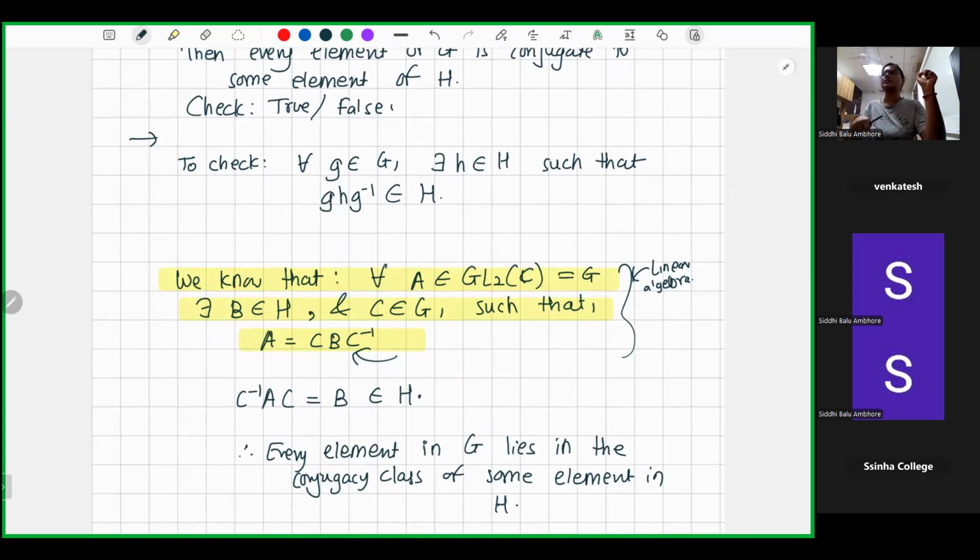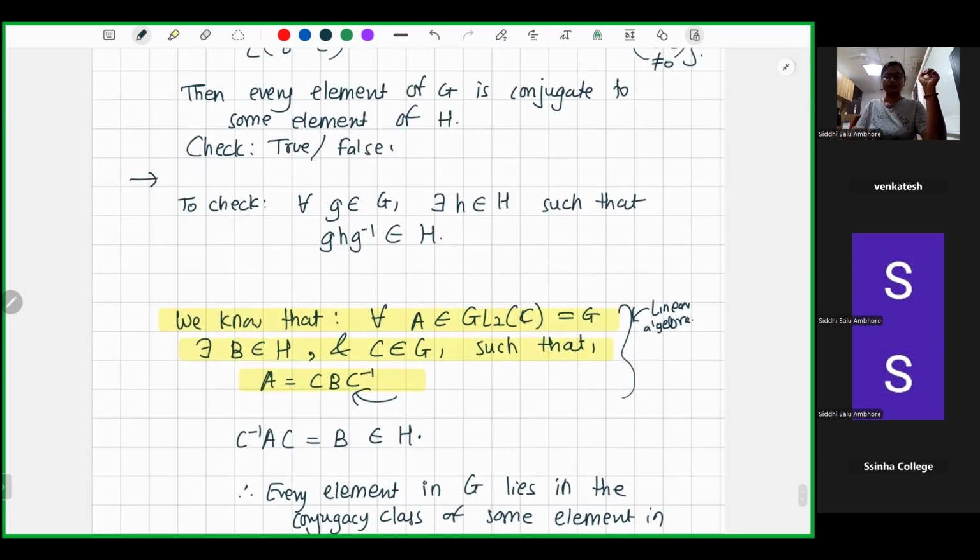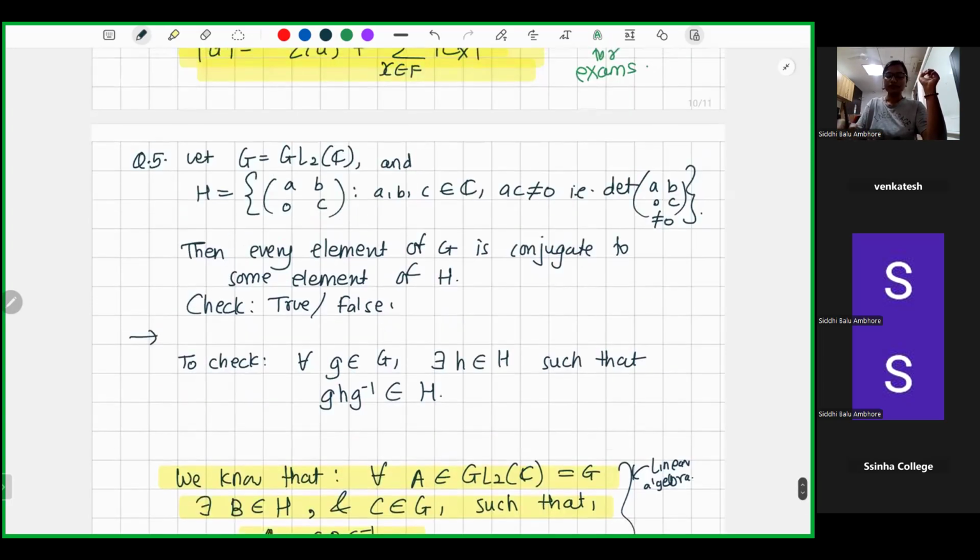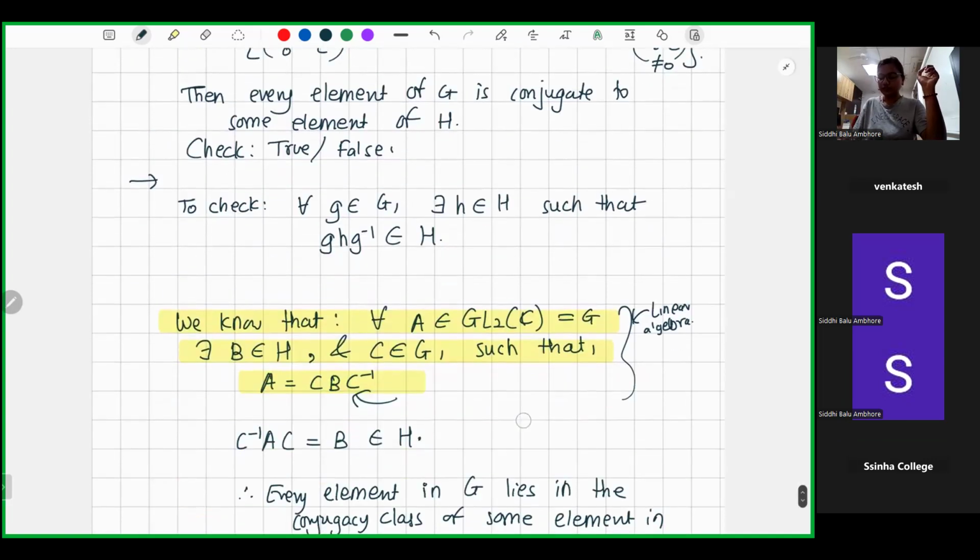And we can see that the conjugacy action is G comma X going to G X G inverse, right? And this G we just need to calculate in order to prove this existence.